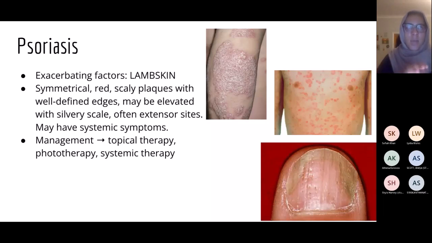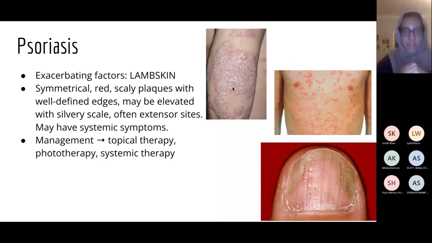The pathophysiology behind it is that the surface skin cells multiply quite rapidly, and your skin cells end up growing on top of each other, which is why you get these plaque-like lesions.